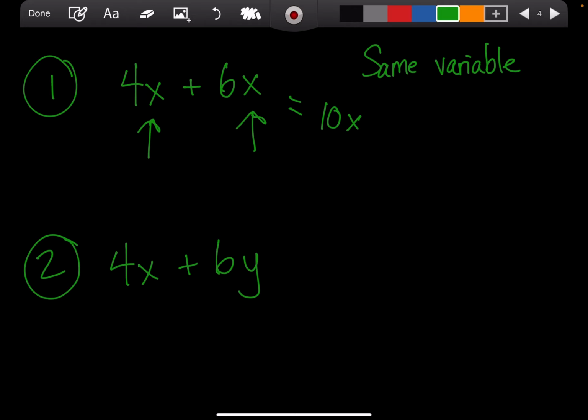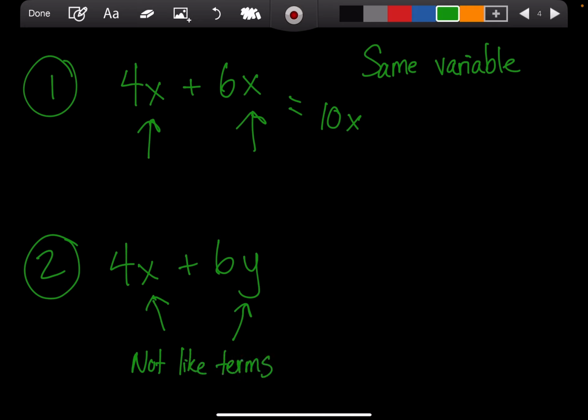All right, let's look at example number 2. This is an example where they are not like terms, 4x plus 6y. And the reason is the variables. Both terms have a variable, but the variables have to be the same. It has to be the same letter. So these are not like terms.